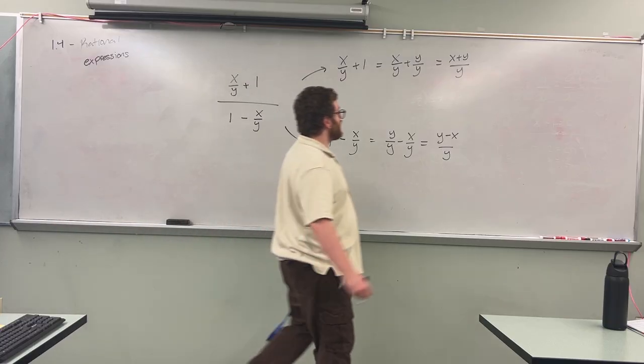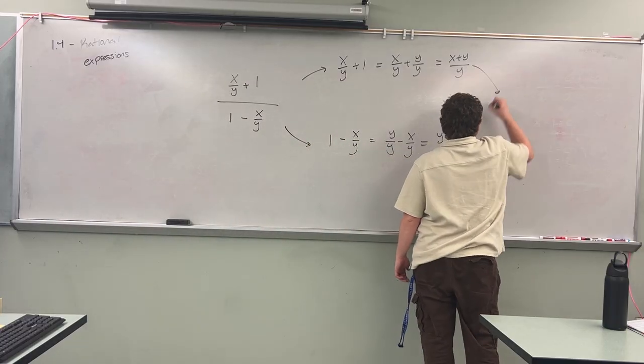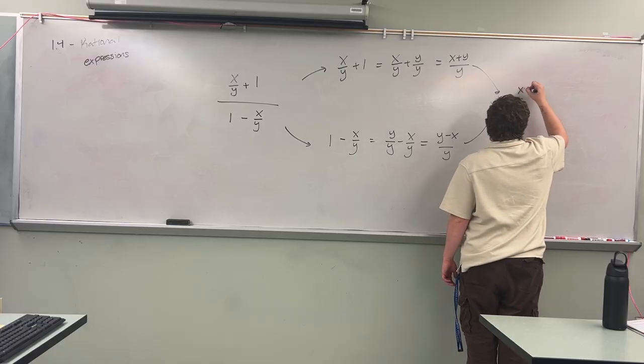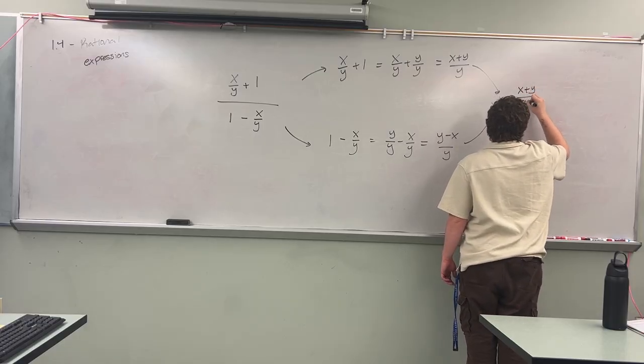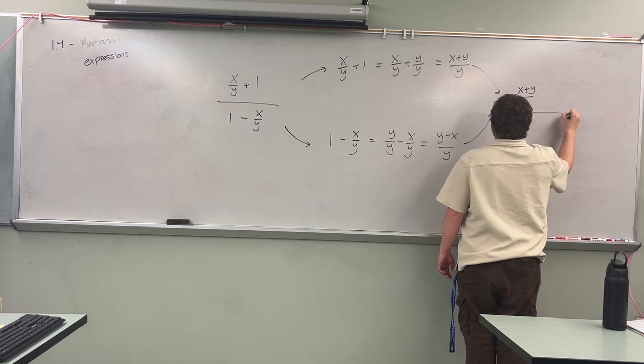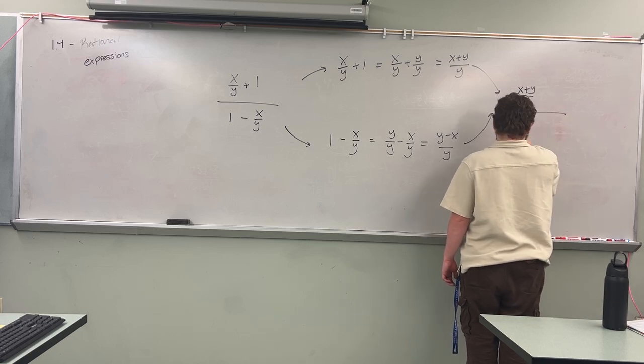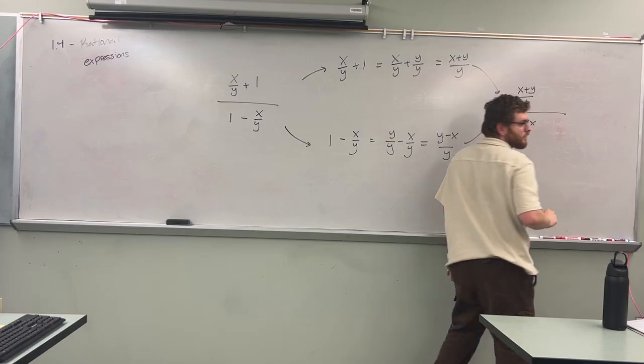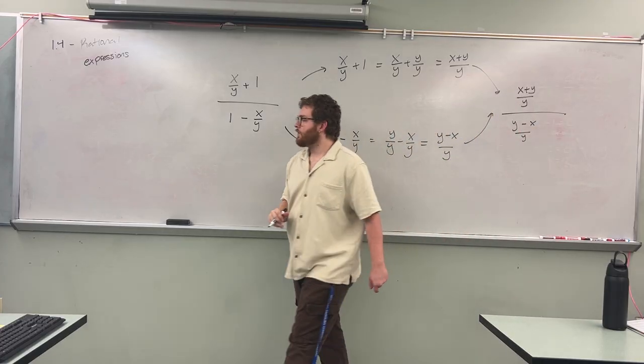Now I want to recombine those. My top fraction is x plus y over y, and that's divided by y minus x over y. That looks really complicated though.